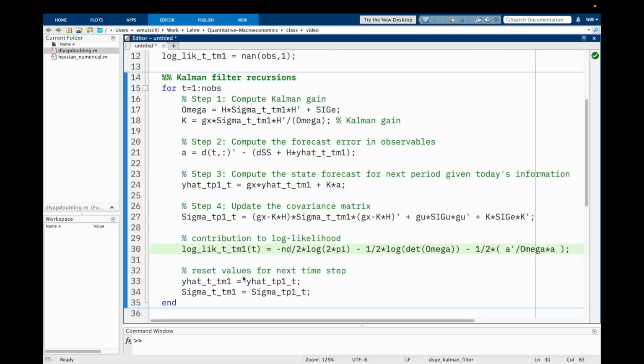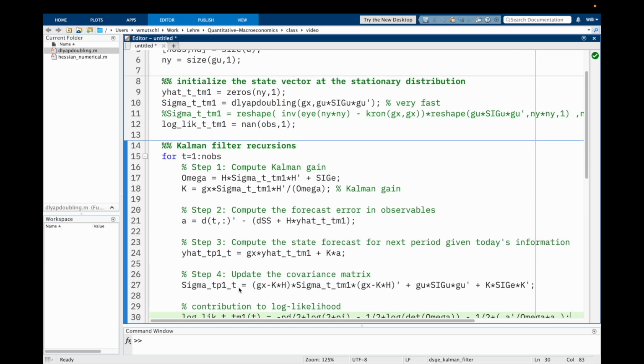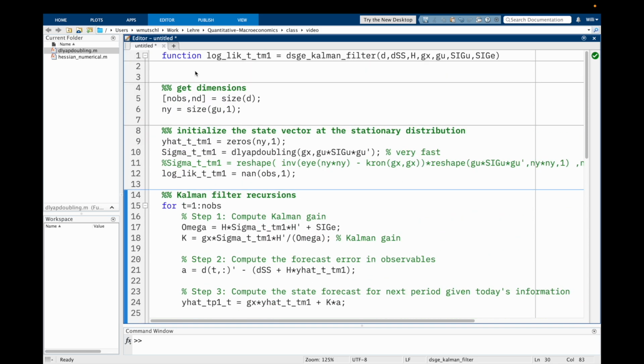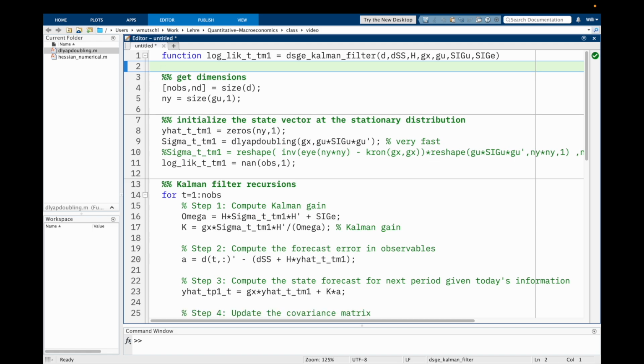And that's basically it. Okay, that is a well-written Kalman filtering routine.